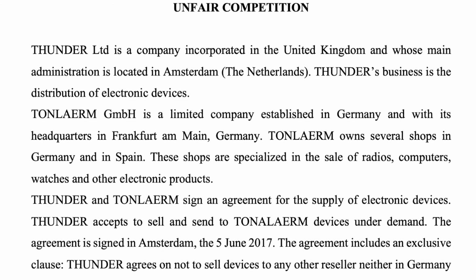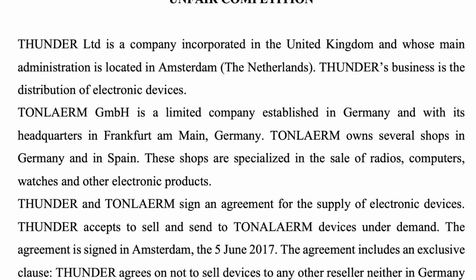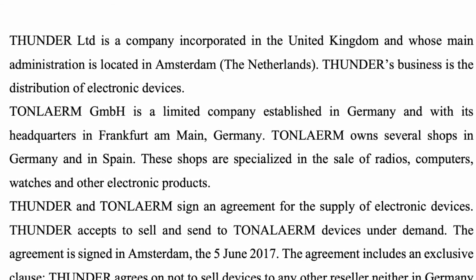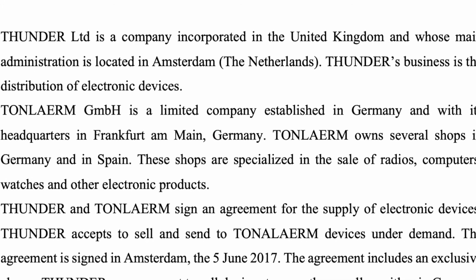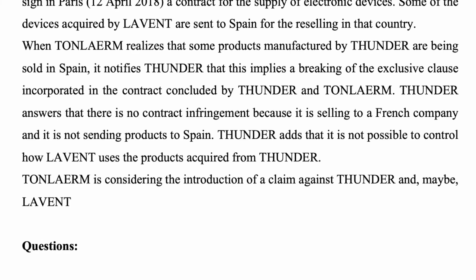But imagine in the case we were dealing with, the relationship between Thunder and Tom Laer, I explained to you that Tom Laer can introduce a claim based on contractual liability against Thunder, and also a claim based on torts based on unfair competition provisions. The second claim, the claim based on unfair competition, is a claim based on tort, and we are going to apply to this claim Article 4 of the Rome 2 regulation.